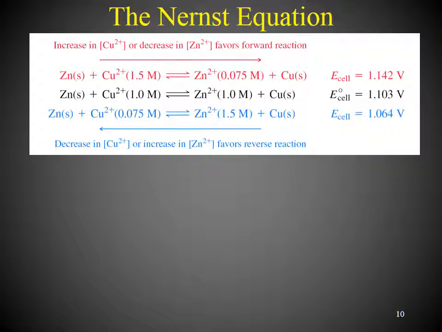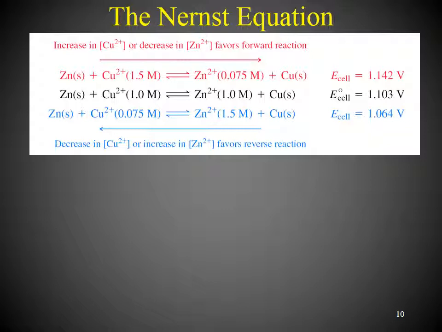And notice now that the cell voltage is higher, 1.142. Whereas in the third equation, where we have changed the concentration of the reactant to a lower value and the product to a higher value, now the cell voltage is lower than the one at standard conditions.